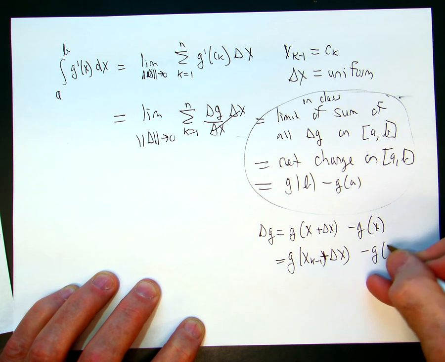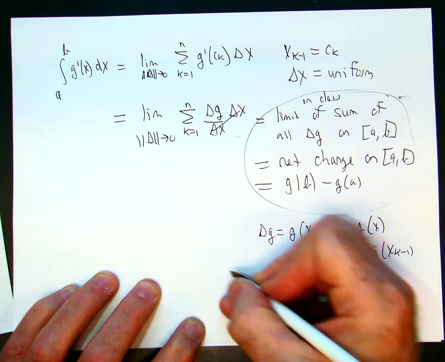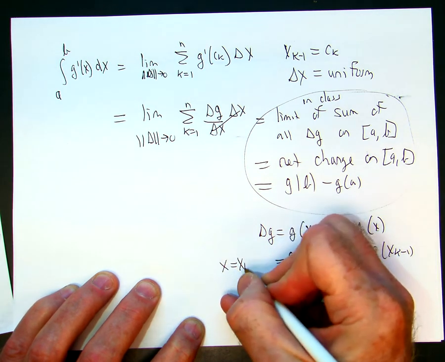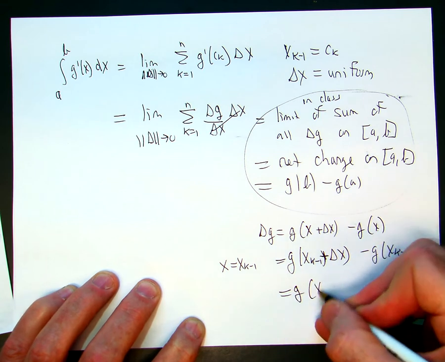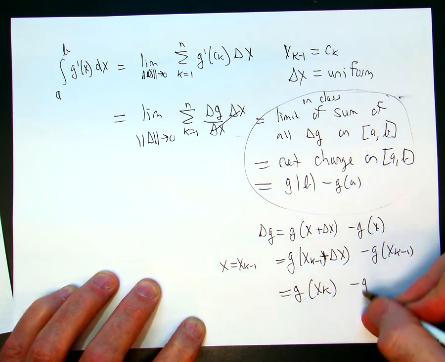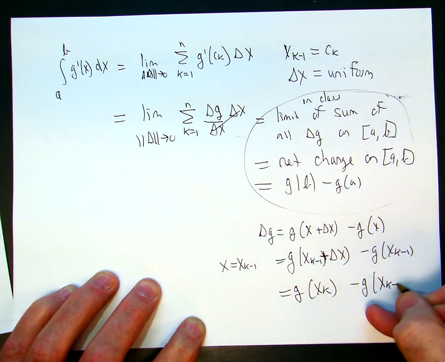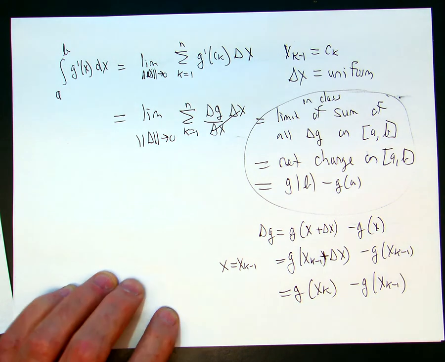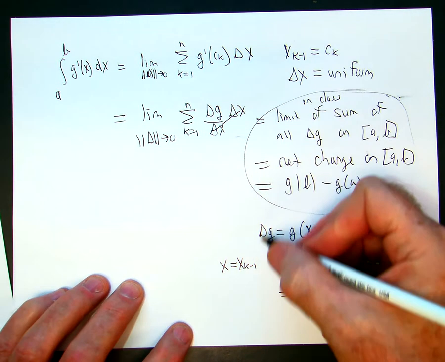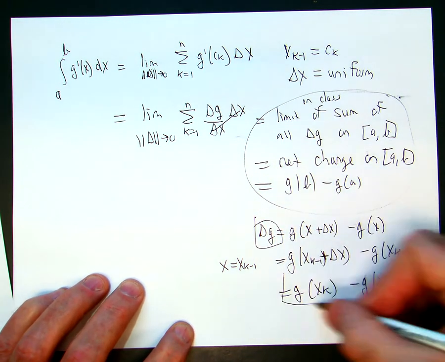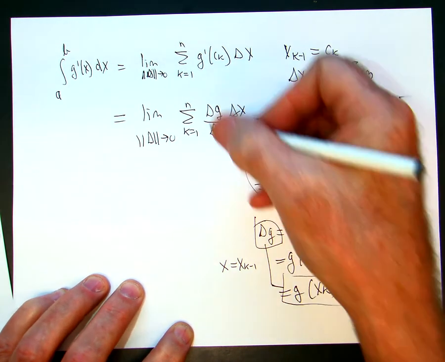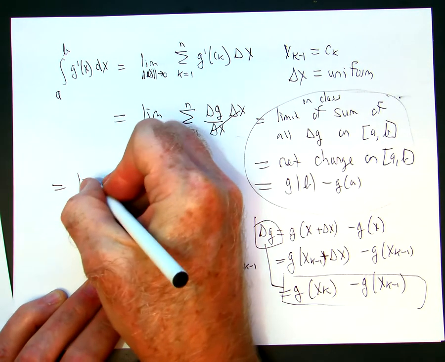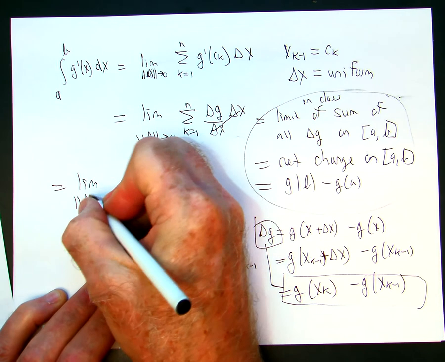So what I'm doing here is, as we did in front, I'm going to let x equal xk minus 1. Then we saw this is really g of xk minus g of xk minus 1. So this is what my delta g is. So I'm going to substitute this right into here. And I think something really cool happens.